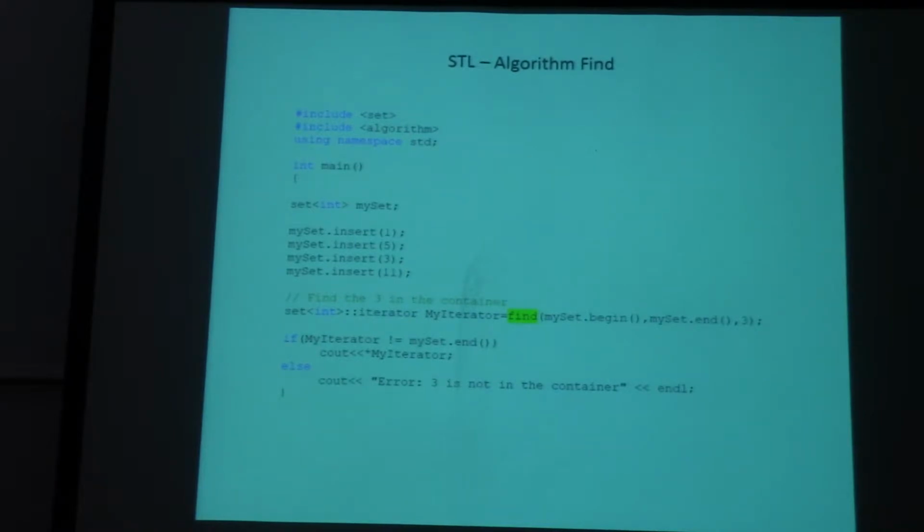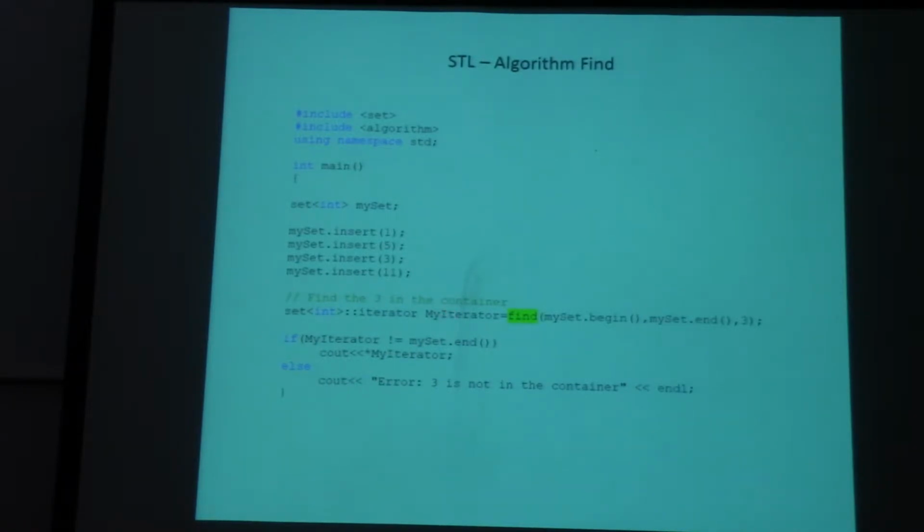Once I have it, I can use any of the available operations. I can insert a bunch of values: 1, 5, 3, 11. Then I'm going to try to find 3 in the container. So I'm going to create set int iterator, my iterator.